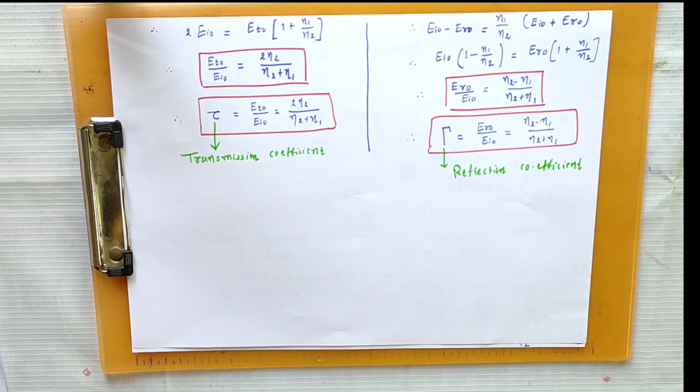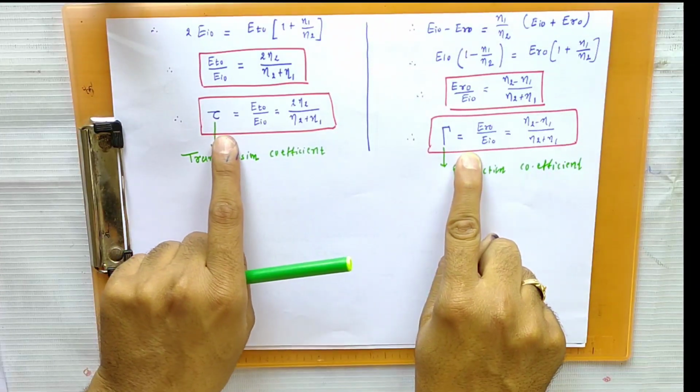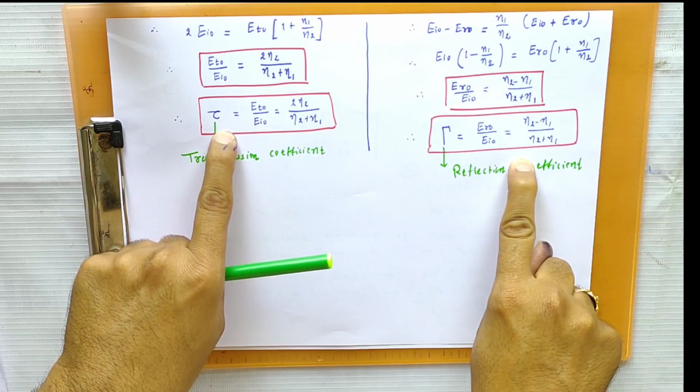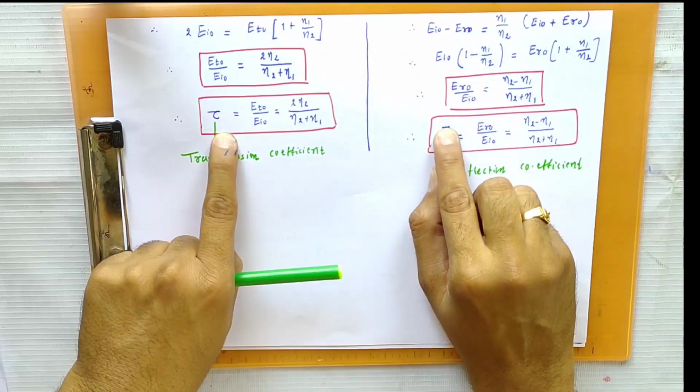Now we have to derive the relationship between these two. What is the relationship between reflection coefficient and transmission coefficient? You can derive it by yourself. Just put here plus 1: capital tau plus 1.